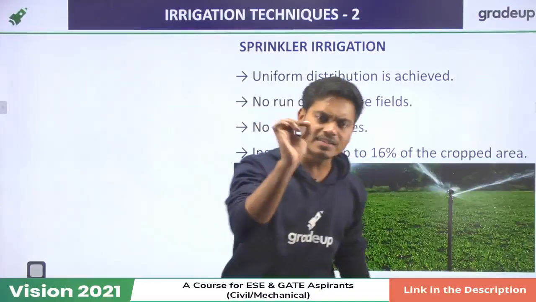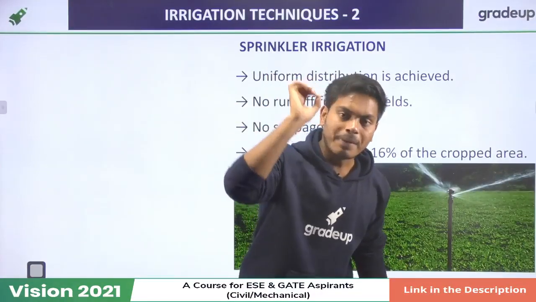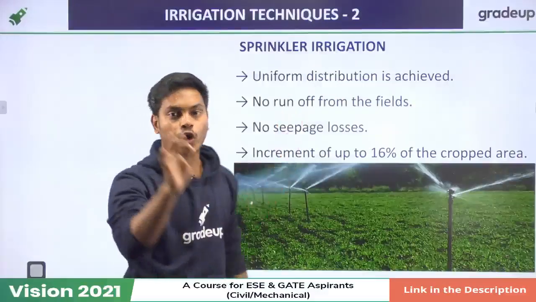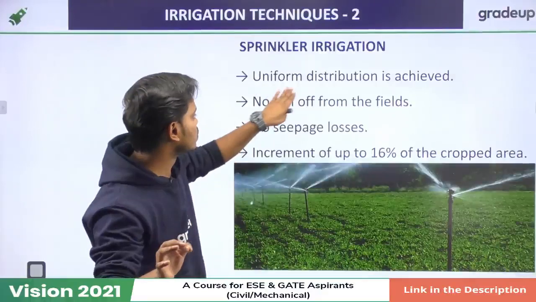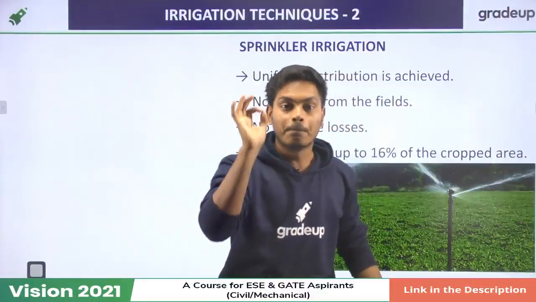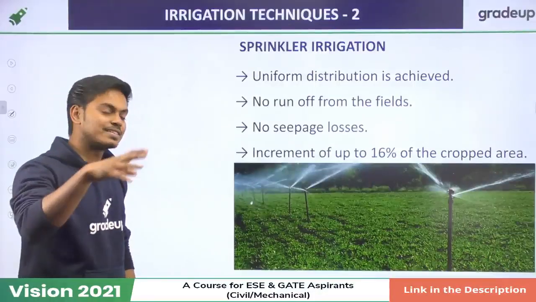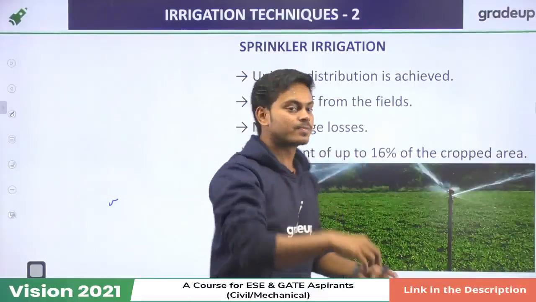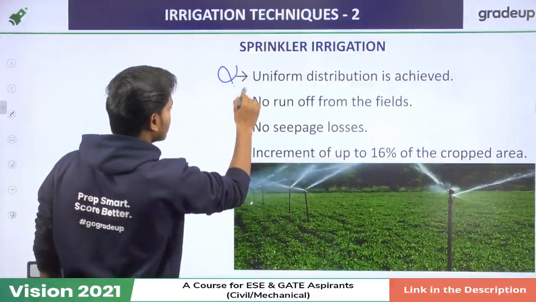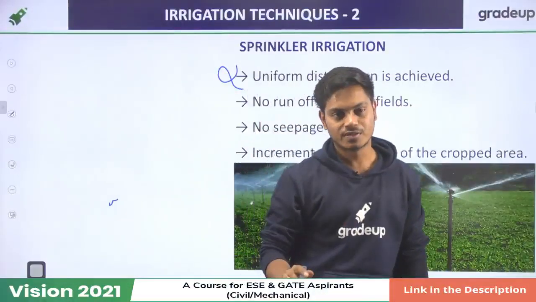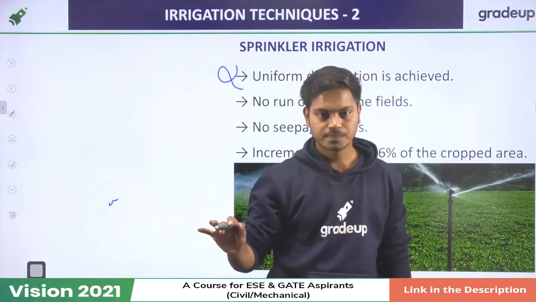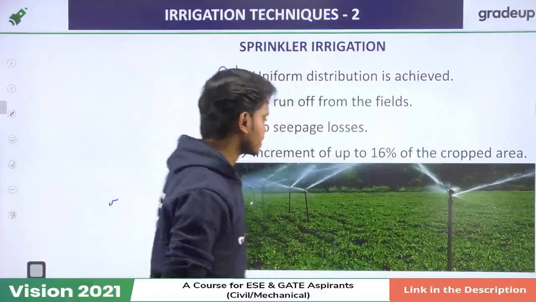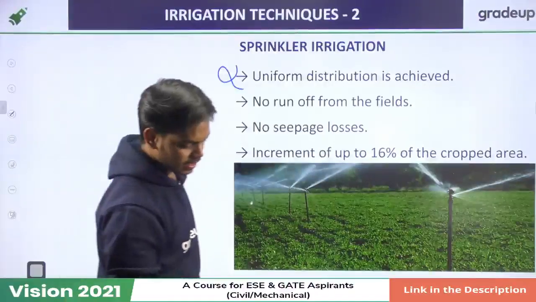And one of the best things about sprinkler irrigation was the uniformity, the manner in which the uniform distribution was taking place. But since it is now distorted, this best thing is not achieved. So this is one of the biggest limitations.